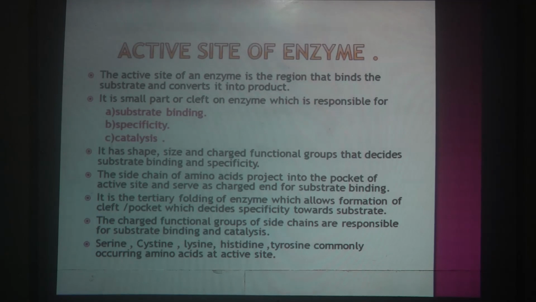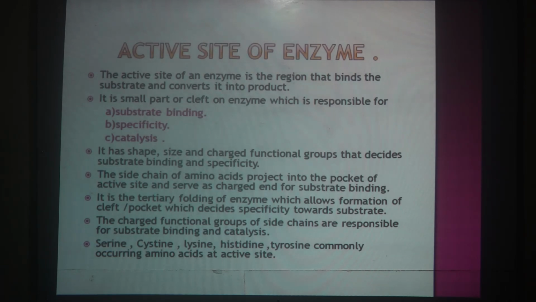It is the tertiary folding of the enzyme which allows formation of the cleft or pocket which decides specificity towards the substrate. The charged functional groups of side chains are responsible for substrate binding and catalysis. Serine, cysteine, lysine, histidine and tyrosine are the commonly occurring amino acids at the active site.